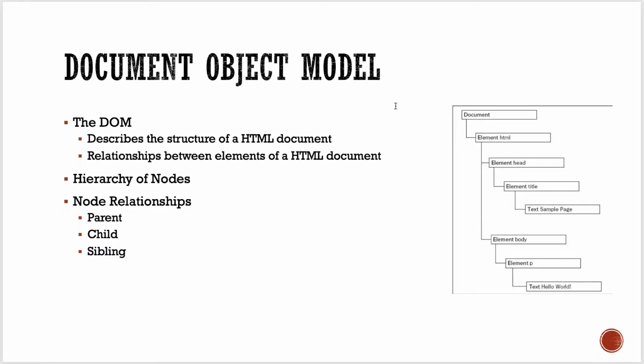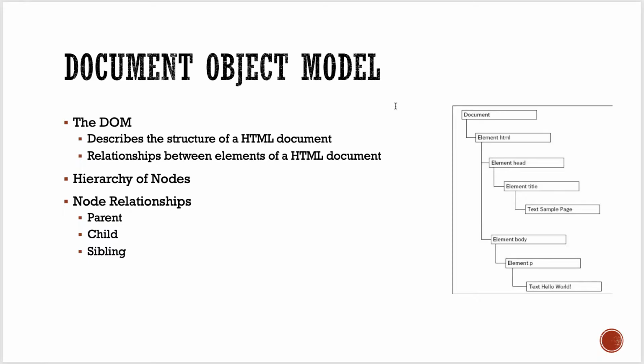The Document Object Model is essentially a hierarchy of nodes, and nodes refer to tags or elements in the HTML document. Nodes have different relationships with each other. There are three types of relationships that can exist between nodes. They can be parent relationships, child relationships, and sibling relationships.